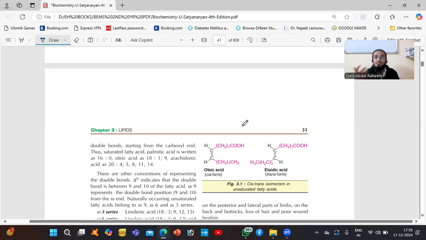Okay, fatty acids. That's the reason nowadays we're getting ads for using omega-3 fatty acid. It is a type of fatty acid for brain development, for bone development, to improve the immunity. Because it is an essential fatty acid, we need to consume it.